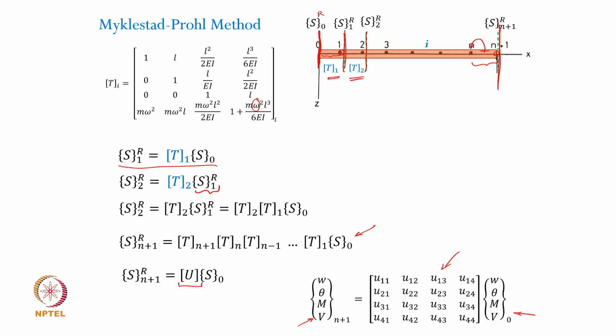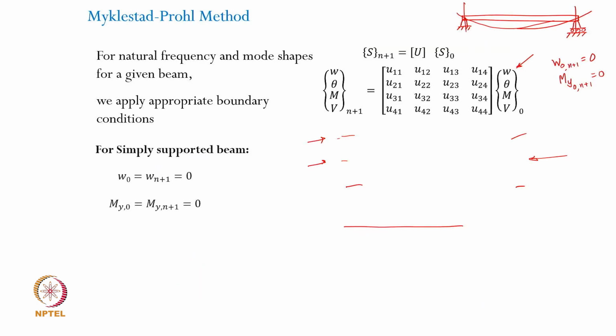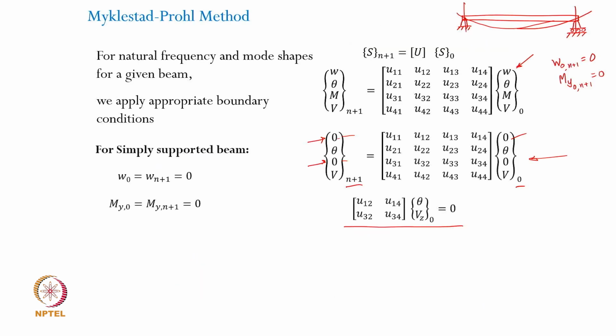You multiply all the T's together to generate the overall transfer matrix, and then select only those elements to evaluate this particular relation or equation. So find out whether this equation is equal to 0 numerically. And if this is equal to 0, then that becomes your natural frequency. If it is not, then you iterate, change the omega value, increase it in steps, and iteratively you will have to keep on evaluating the value of this particular expression.